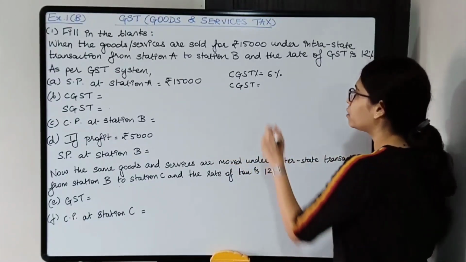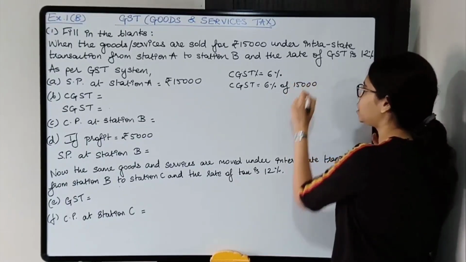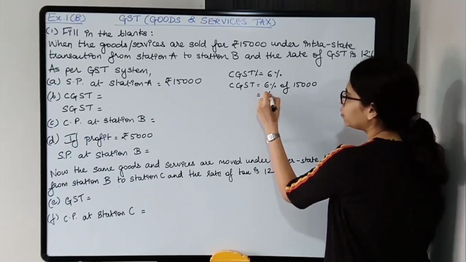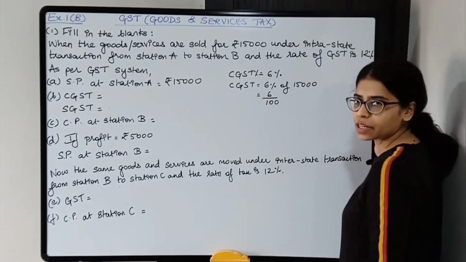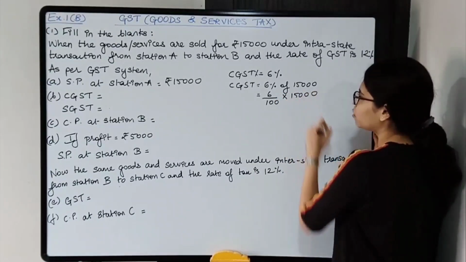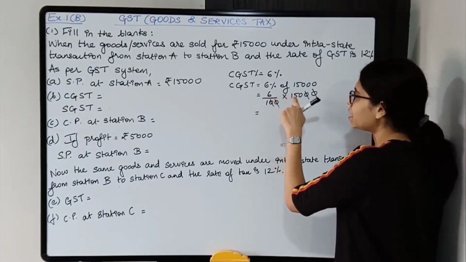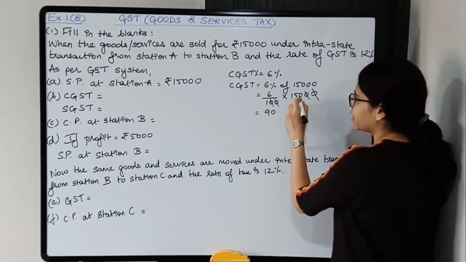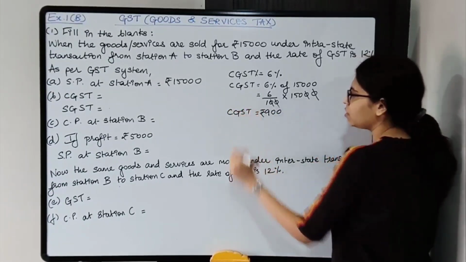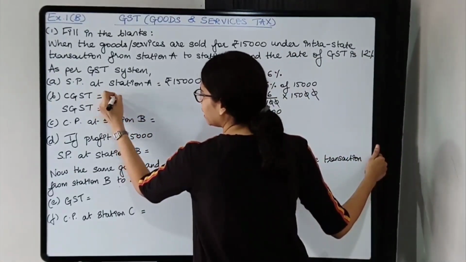Alright, so it will be 6% of the selling price, that is 15,000. Alright, now 6% है, so it will be 6 upon 100, right, of means into 15,000. 0 0 0 0 gets cancelled. 6 into 15 gives 90 and there is a 0. So 900, CGST is 900 rupees. So write down over here 900 rupees.